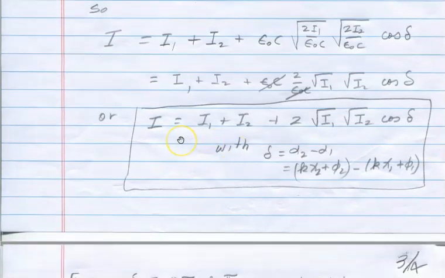And so you get these combined irradiances, or time-averaged intensities, of the recombined beam, the combination of beam 1 and beam 2, related to the intensities of the beams separately in this fashion, where delta is really just the phase difference between them. It's related to the distances.